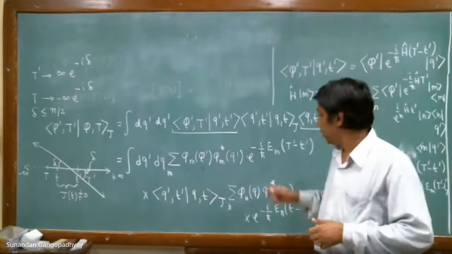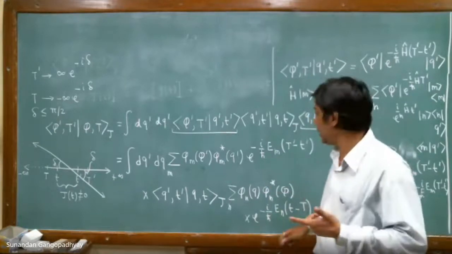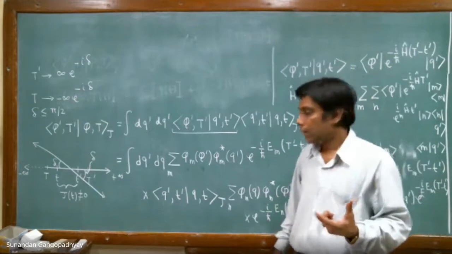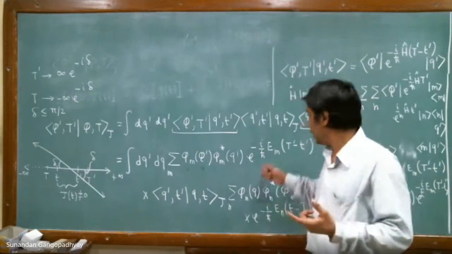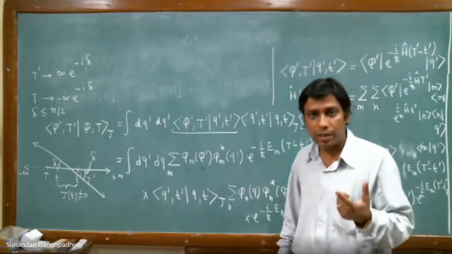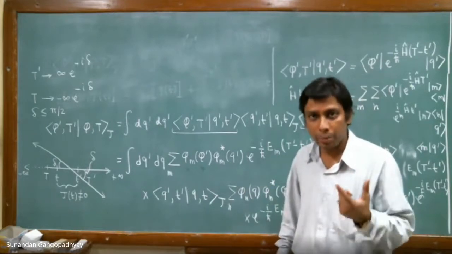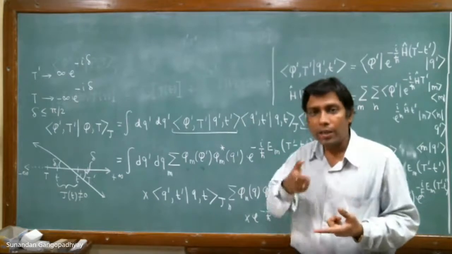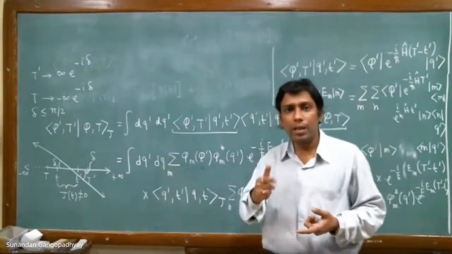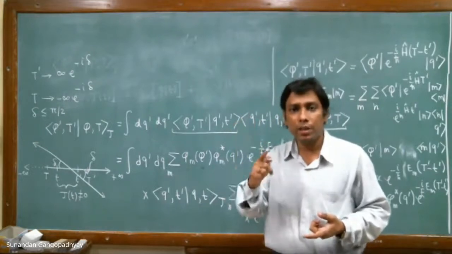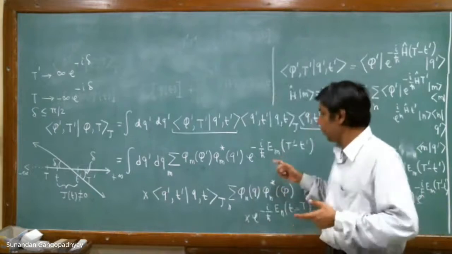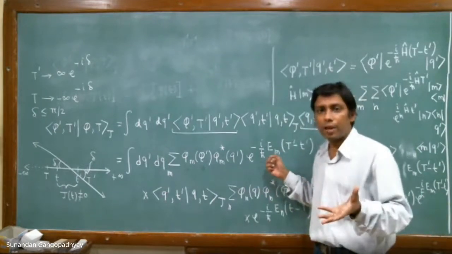Therefore, the important thing is that we want to keep just the leading order term. What do I mean by that? See, the ground state energy by definition is the state with the lowest energy, with the minimum energy. All other energies that you have in this summation over n are excited state energies, and therefore they are greater than the ground state energy. Suppose let us take for example E1.